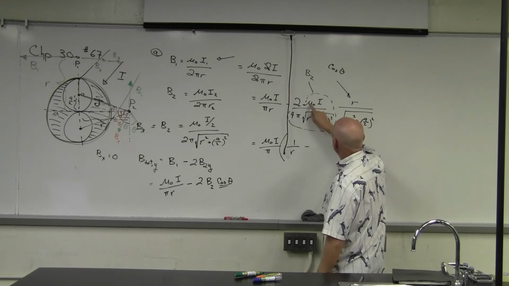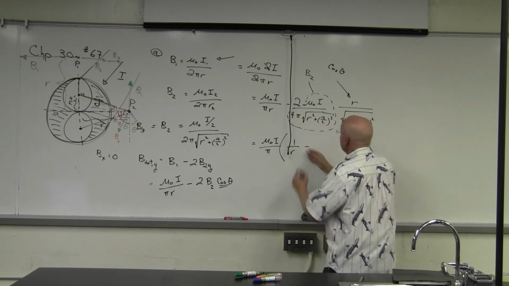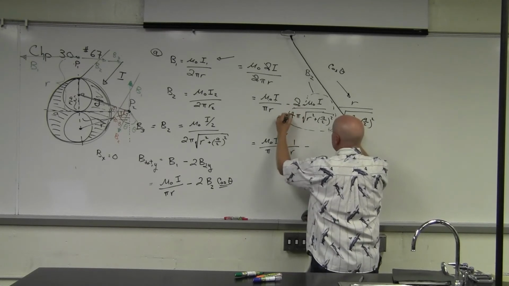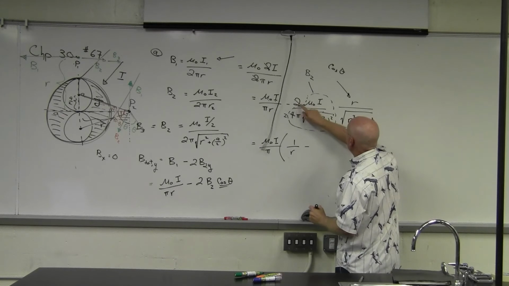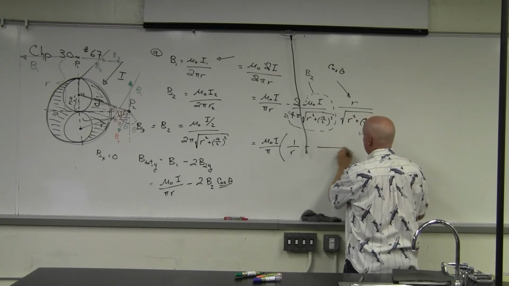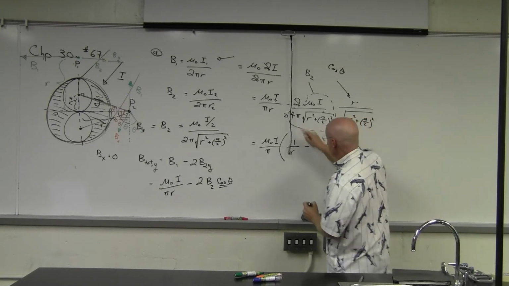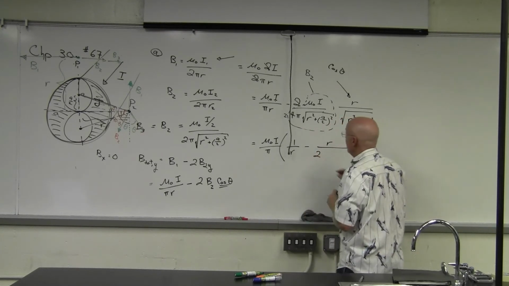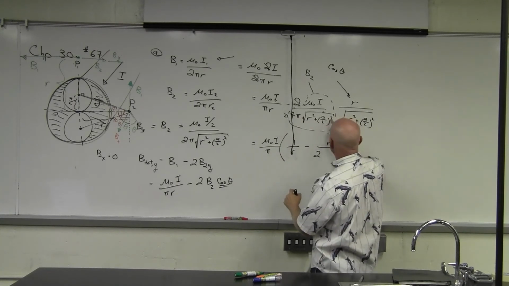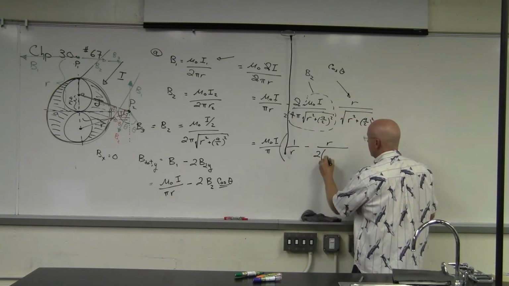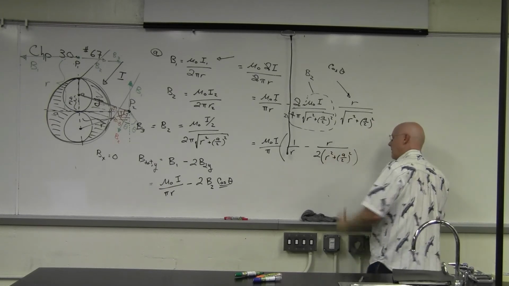If I factor out a mu naught and an I and a pi, okay. And if I maybe take a moment to cancel that to a 2, it looks like across the top I would have just an r. And on the bottom I would have a 2. Now this pi is what I factored out. And then these two are the same thing. So this just becomes an r squared plus an a over 2 squared. Nice.